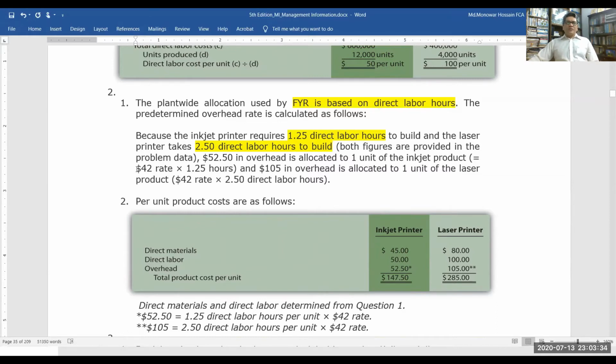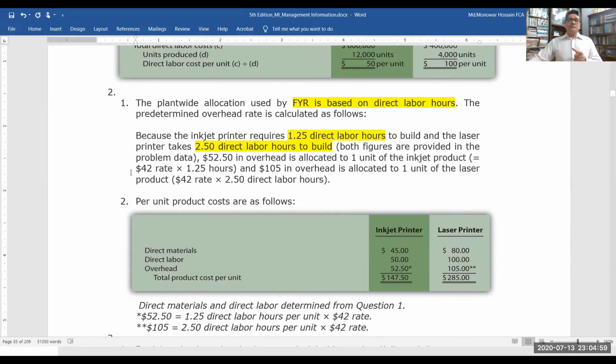How? 42 multiplied by 1.25 direct labor hours to build, and the laser printer takes 2.5 direct labor hours to build. Both figures are provided in the problem data, if you see here, and we can say $52.5 in overhead is allocated to build one unit of the inkjet product.